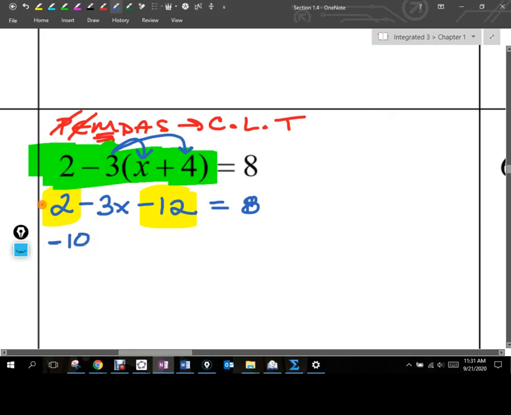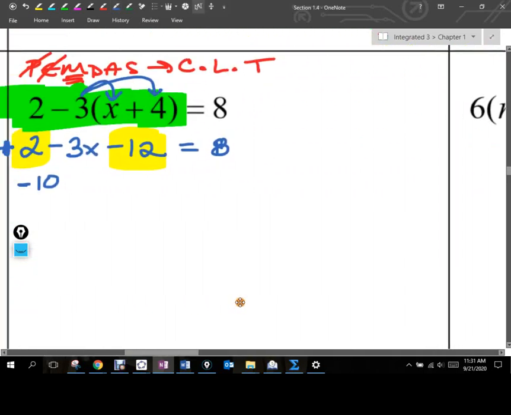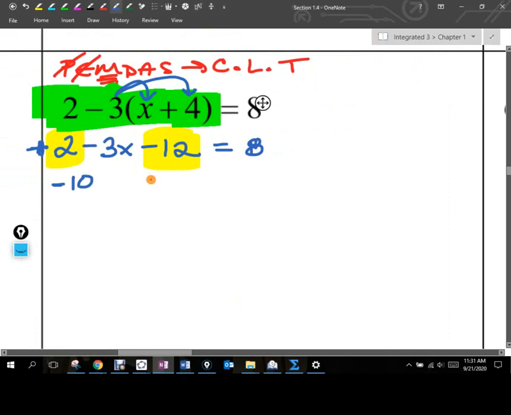Or because we understand our commutative property, could I have rewritten it as negative 12 plus 2, because that's a positive 2 out here in front? So you can do that kind of thing. But I'm just looking at combining like terms, so I like to highlight my terms that are like, and then do the math that's there. So we got negative 10, and then minus 3x equals 8.